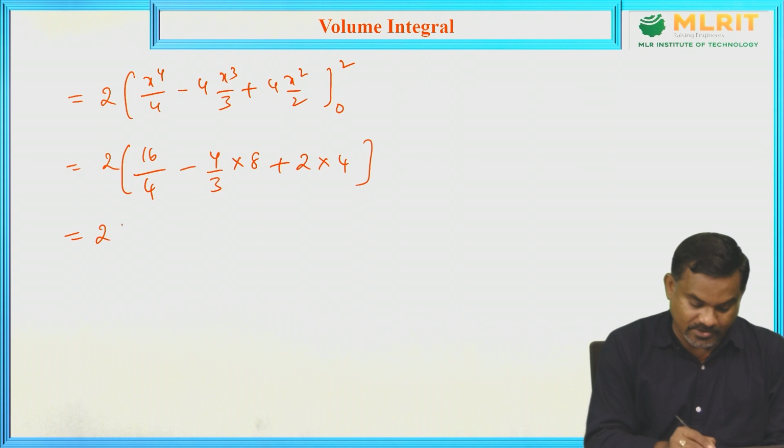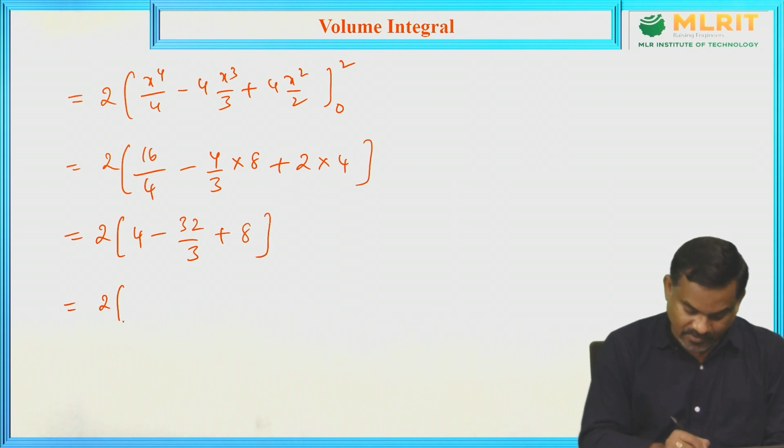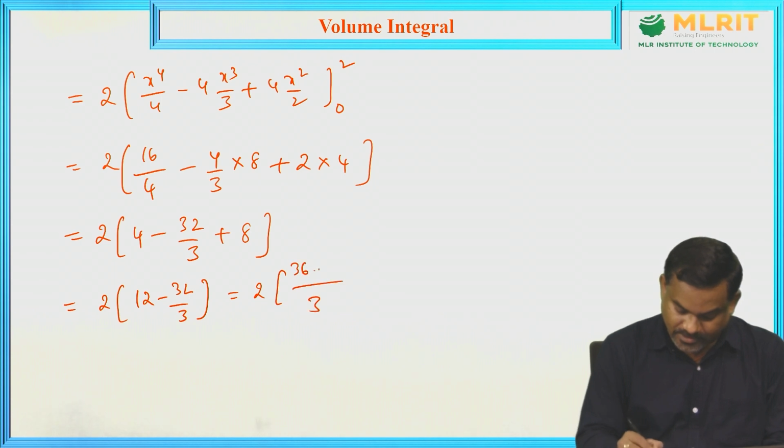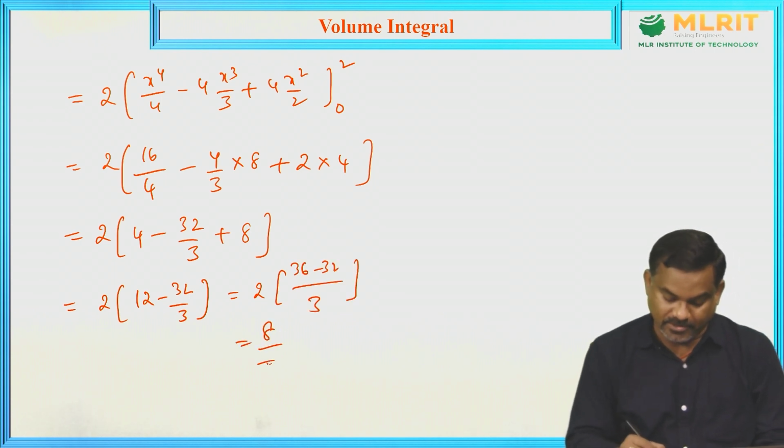So which is 4 minus 32 by 3 plus 8. 12 minus 32 by 3, which is 36 minus 32 by 3. So 8 by 3.